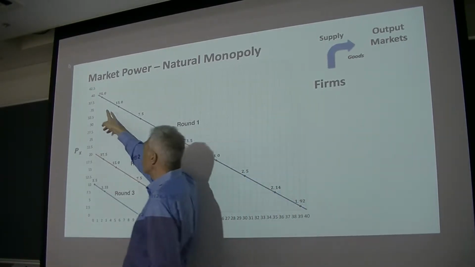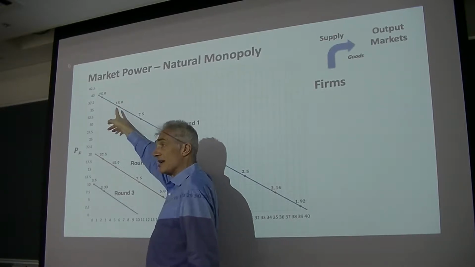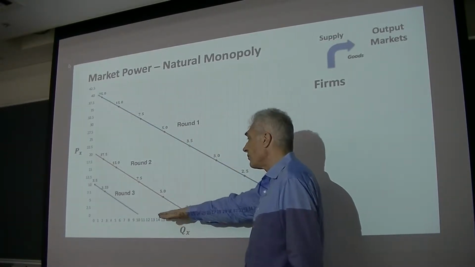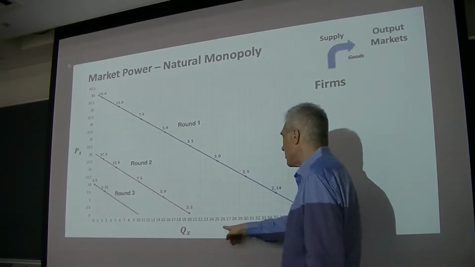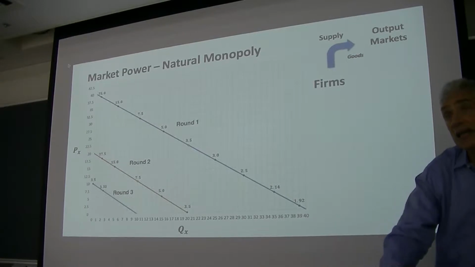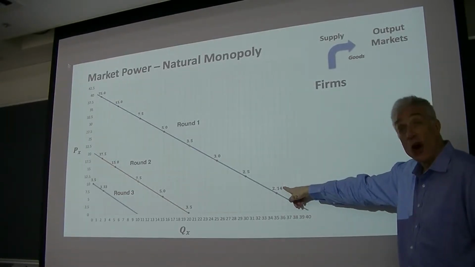These numbers show the average cost. If you recall, as production increases, there's a continual decline in the average cost.